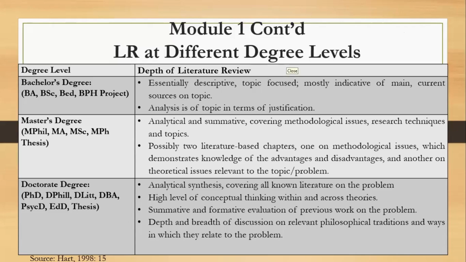Why are women reporting more depression than men? But at the doctorate degree level, you are now even going to look at whether or not the way depression is being measured is even the right way to go. Is there a different way depression can be measured? The way depression is measured, is it serving our needs?